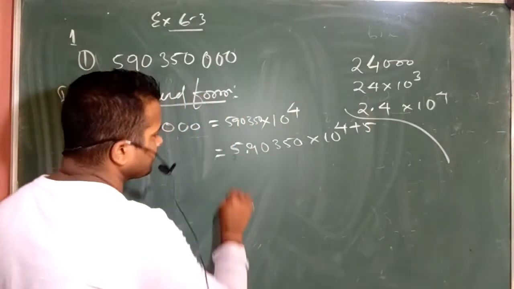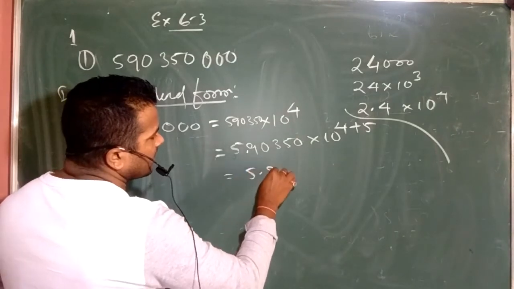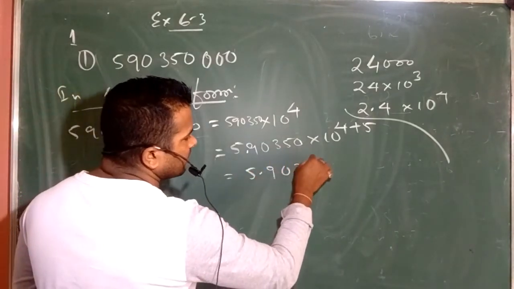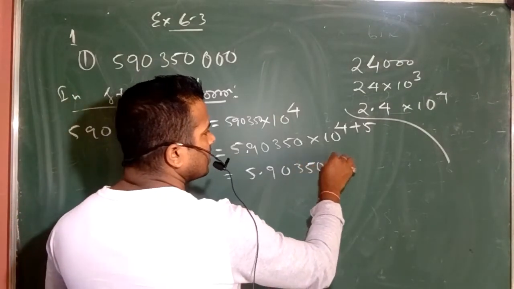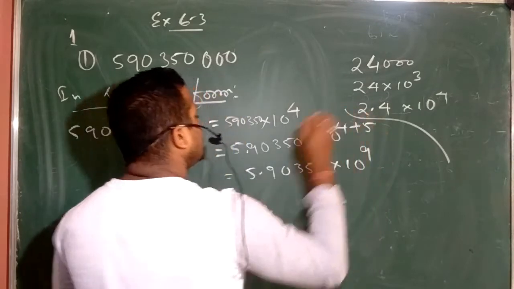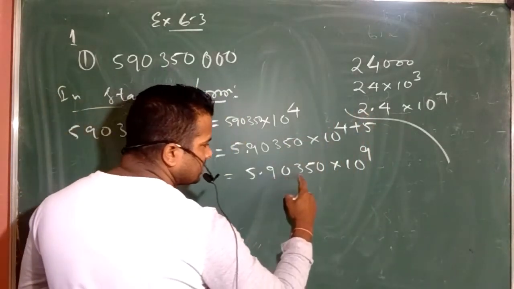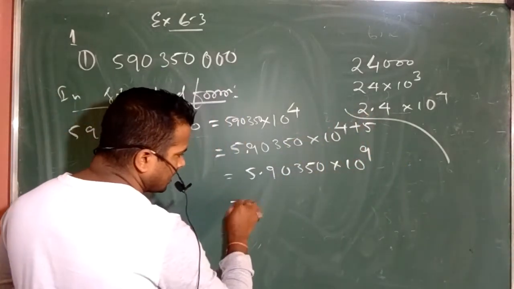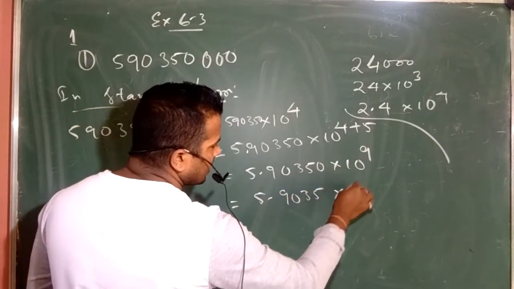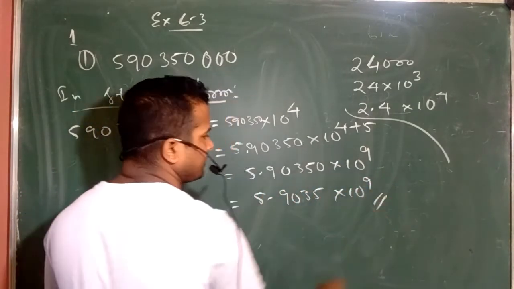So 5.9035 into 10 to the power how much? 9. If there is a 0 at the end, we don't write it. That means 5.9035 into 10 to the power 9.